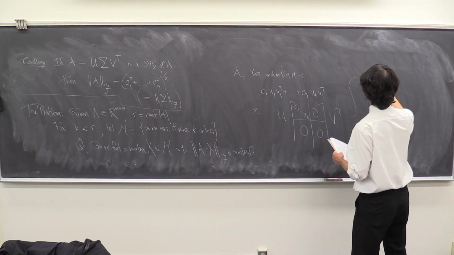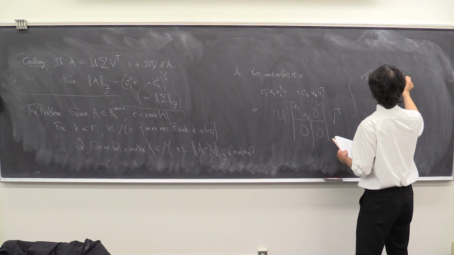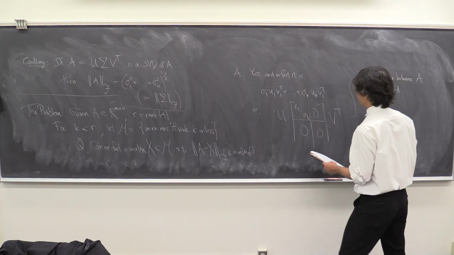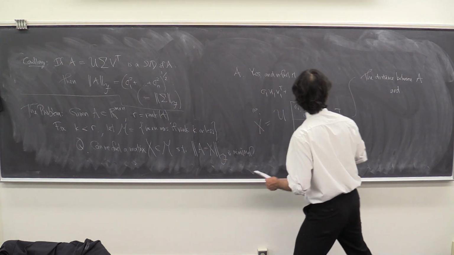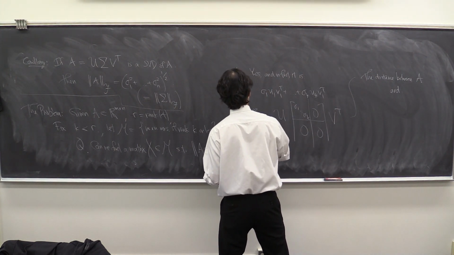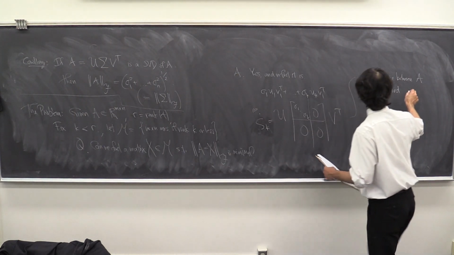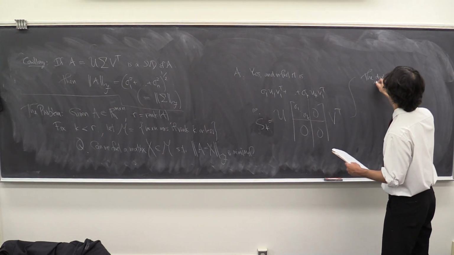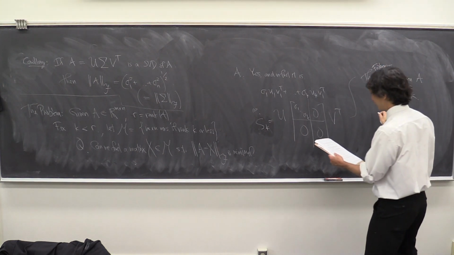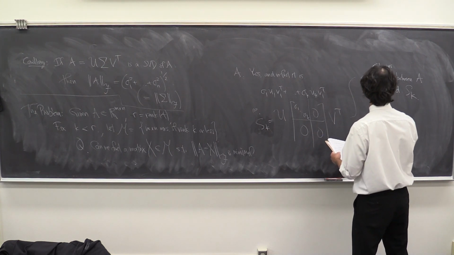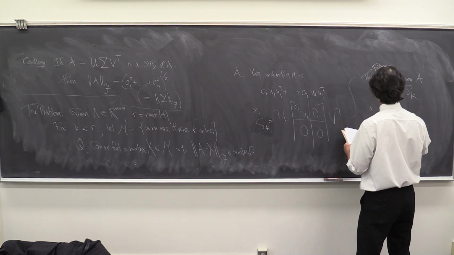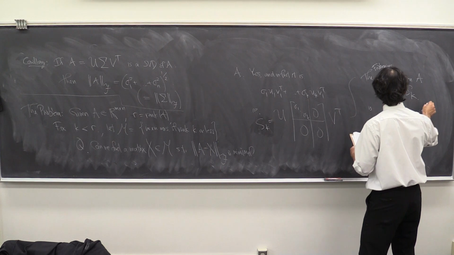Let me call this S sub k. The Frobenius distance between A and S sub k turns out to be the square root of sigma k plus 1 squared plus up to sigma n squared.